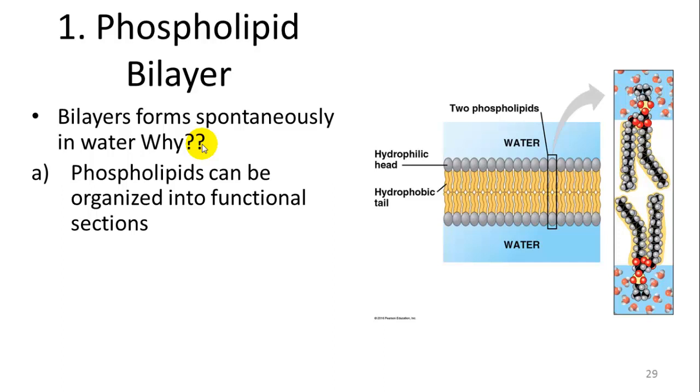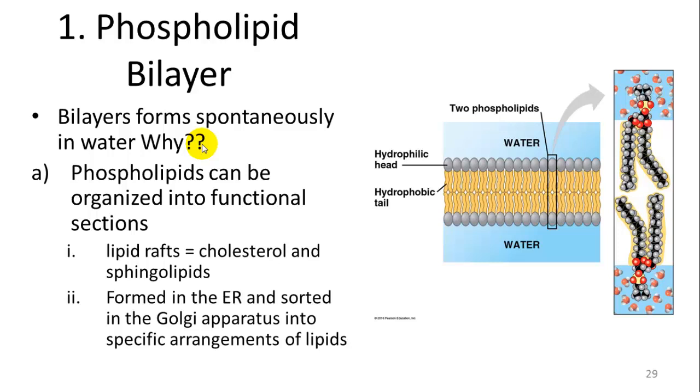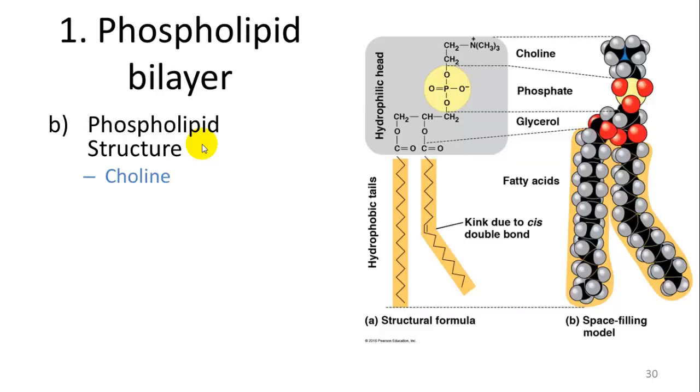They can also be organized into functional sections. One example is a lipid raft, which is a formation of cholesterol and a specific type of phospholipid called a sphingolipid. These can form in the endoplasmic reticulum, where you're making these lipid bilayers, and are then sorted out in the Golgi apparatus into these specific arrangements of lipids and cholesterol and whatever may be in them.